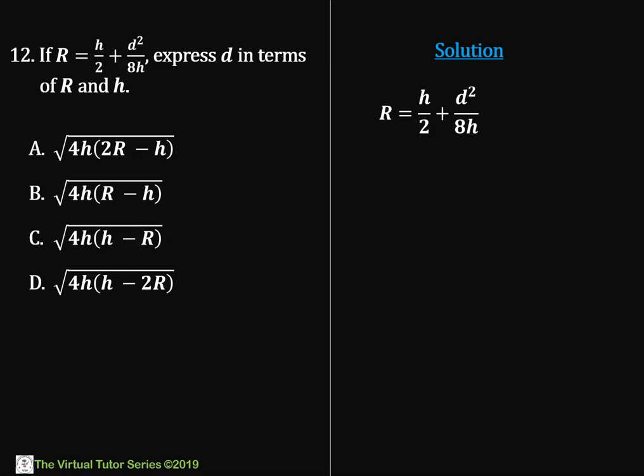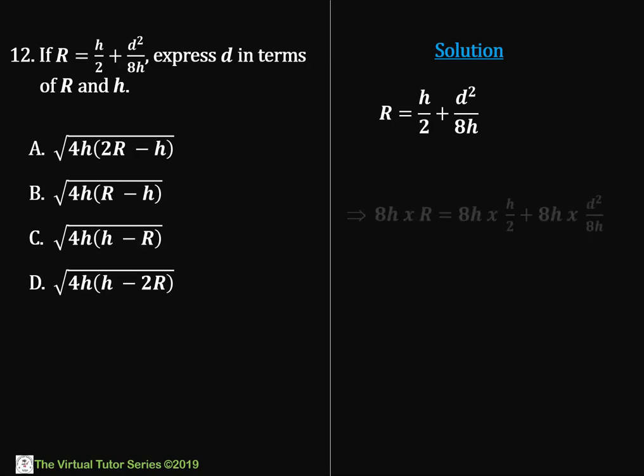To do this, let's first get rid of the fractions by multiplying through by the LCM of 2 and 8h. The LCM of 2 and 8h is 8h.